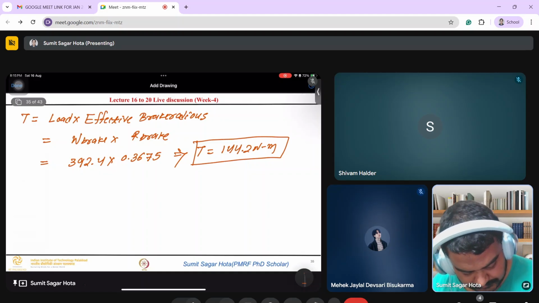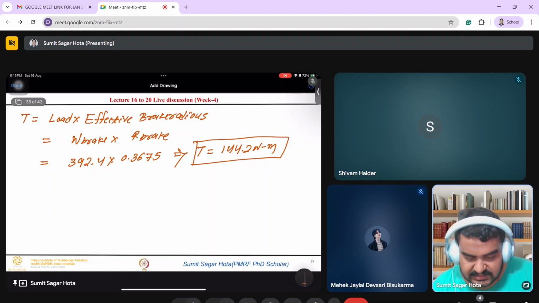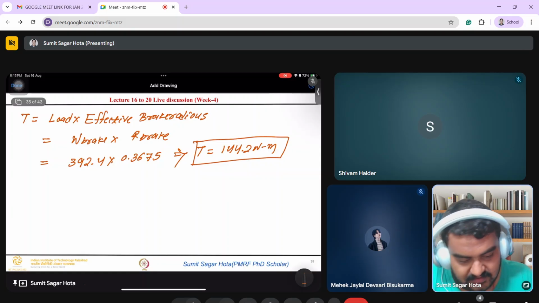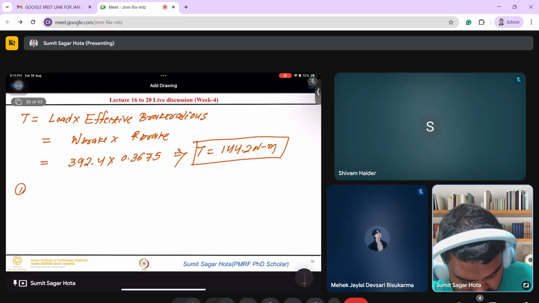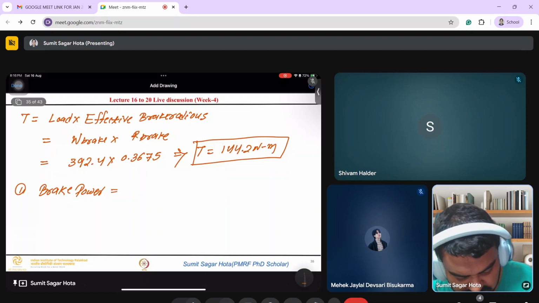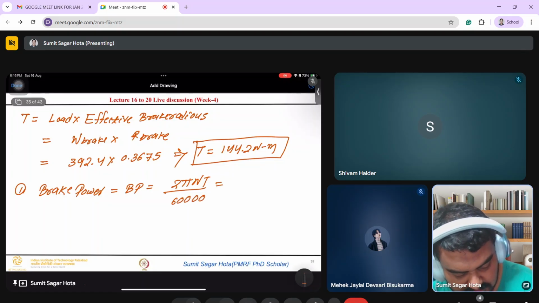Now, first of all, these two things are required to find the brake power. So what is your brake power? Brake power P is equal to 2 pi N T by 60,000 in kilowatt, if you are converting into kilowatt.